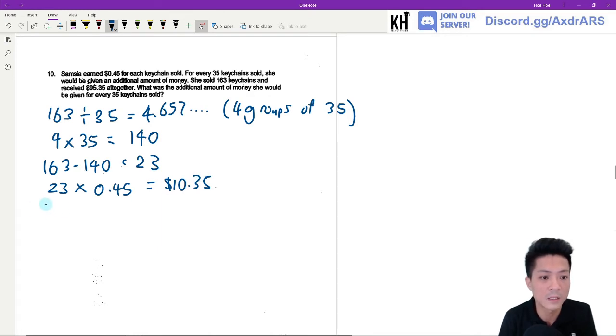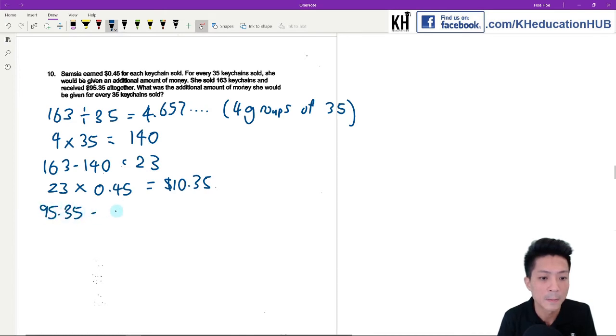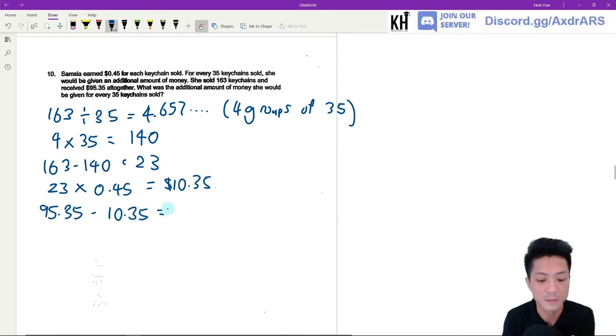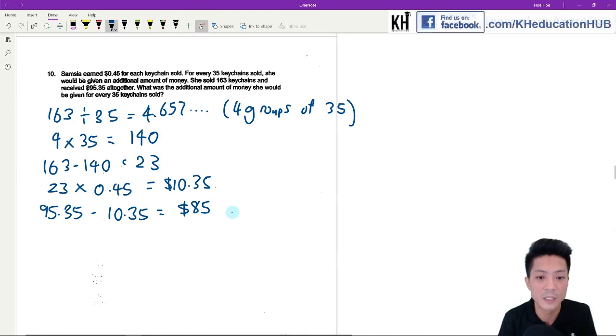Okay, the next step, I'm going to use $95.35 minus the $10.35. That's going to give me $85. So this $85 is received from selling the 4 groups of 35.